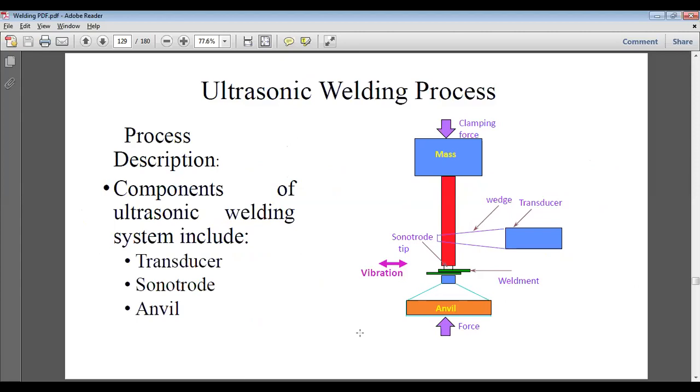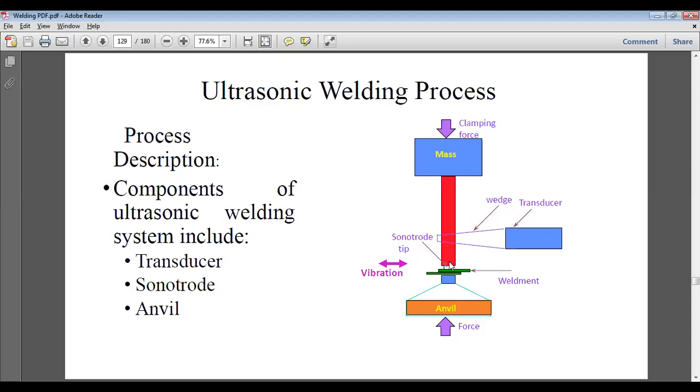We can see this is a schematic for ultrasonic welding. We have this anvil, a force we apply, these two plates are to be welded, then we have a mass, then the sonotrode tip, and the transducer that is producing ultrasonic waves.